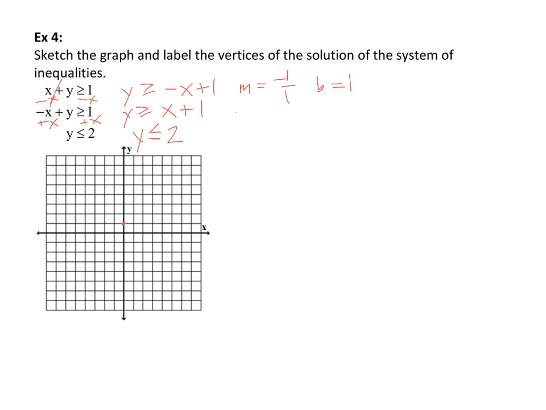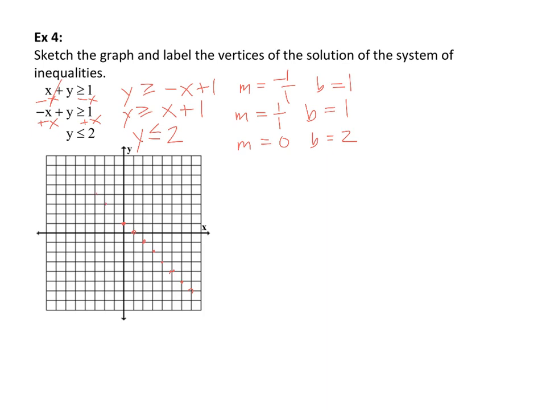Let's identify all the pieces of information we need for all of the equations or inequalities. So for the first inequality, start at 1, then you go down 1, right 1. That's the first one.